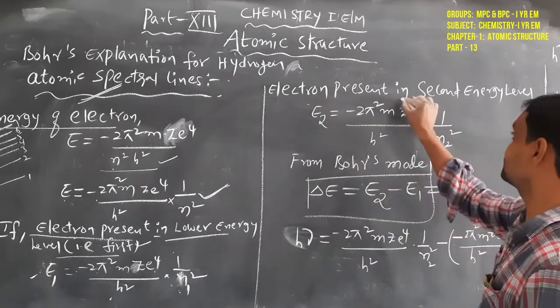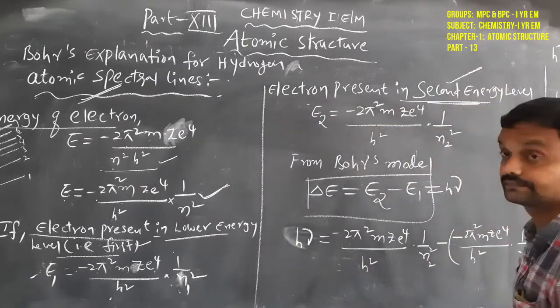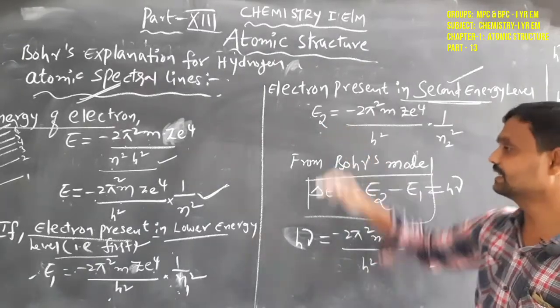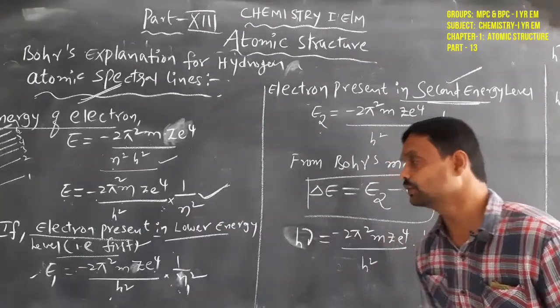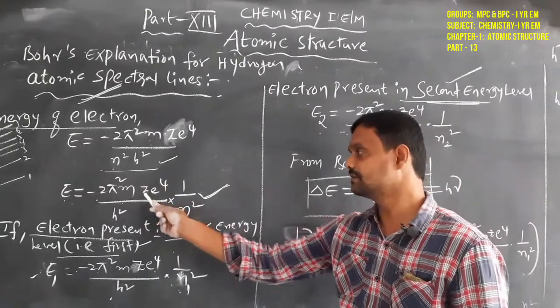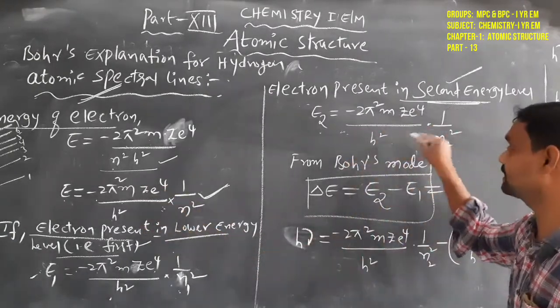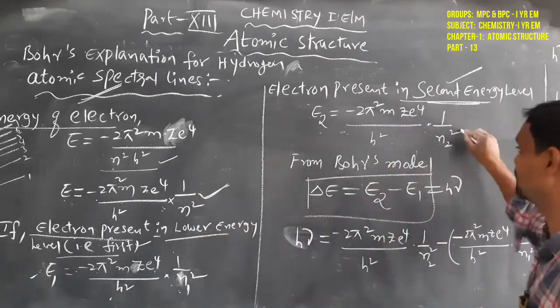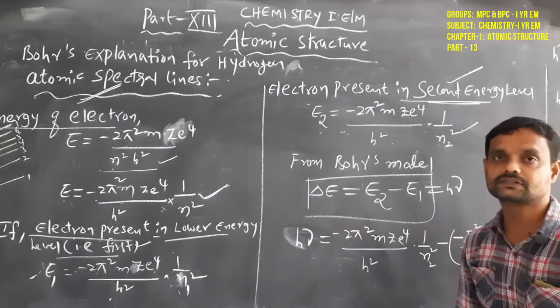If the electron is present in the second energy level, then E2 is equal to minus 2 pi square m Z e power 4 by h square into 1 by n2 square.